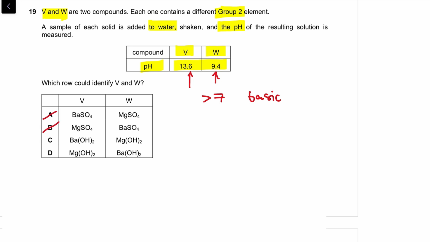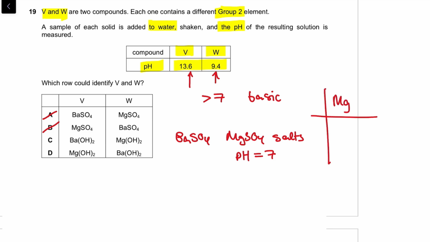That is because barium sulfate and magnesium sulfate are actually salts and not bases, so they would have a pH of 7. They are neutral. The answer must either be C or D. Now, if we compare barium hydroxide and magnesium hydroxide, we know that magnesium is actually above barium in group 2 of the periodic table.